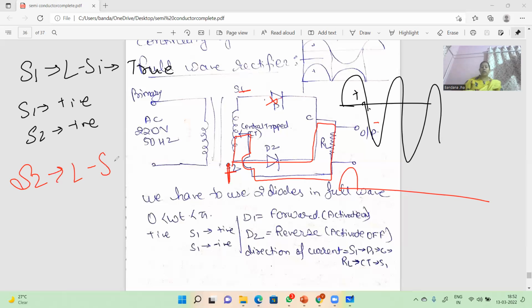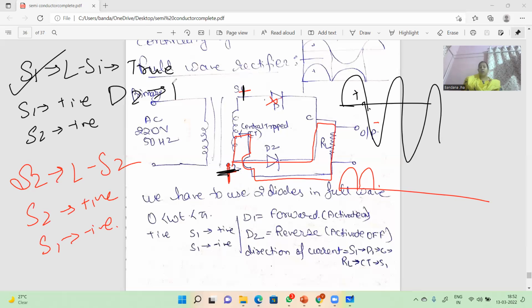S2, load, S2. It means true connection. S2 is positive, S1 is negative. So again, my wave will flow. When S1 is positive and S2 is negative, that time this connection will be there, because D2 will become reverse bias, so negligible.